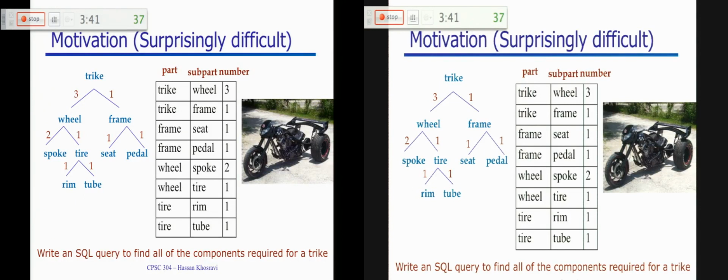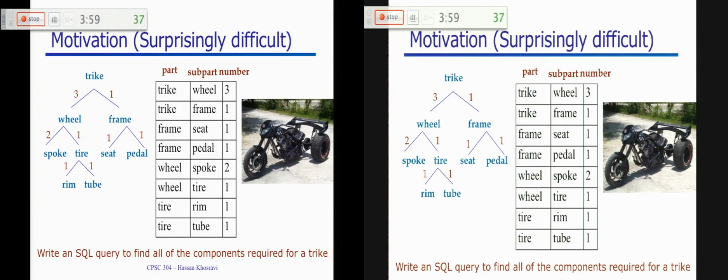Okay, so I want A1.subpart to be equal to A2.part, and I want A1.part to be trike.